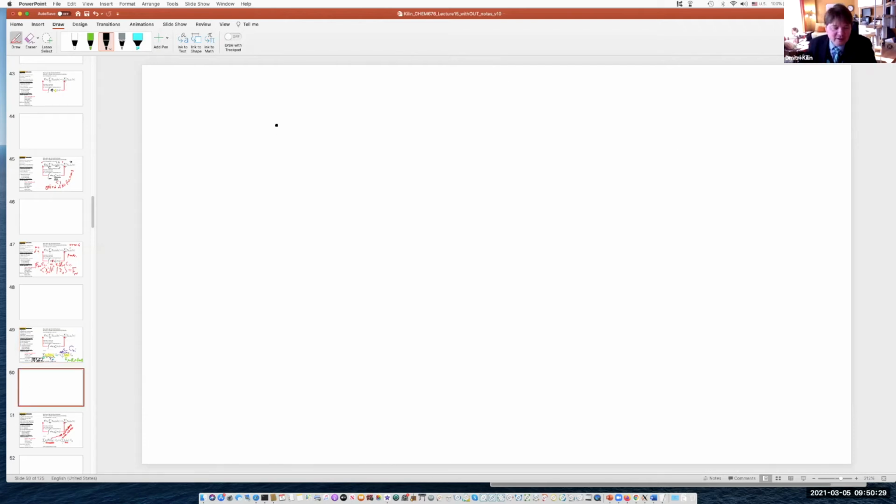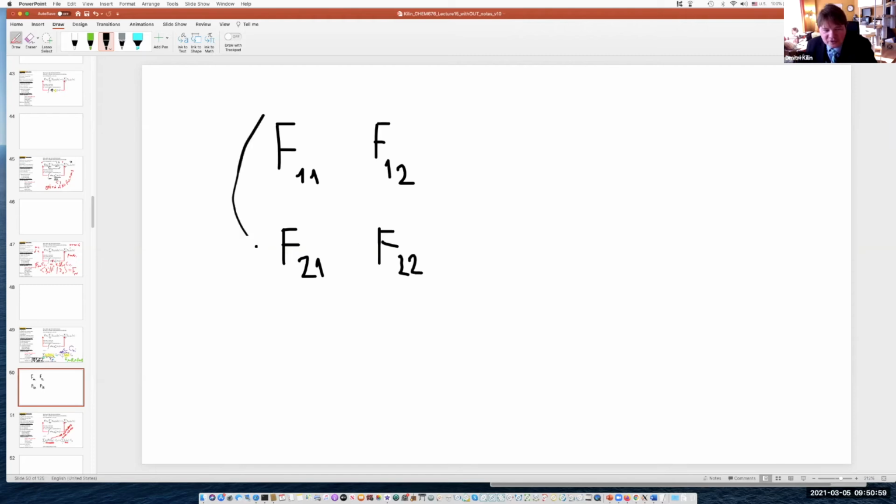I have slides repeating it again and again, but if I try to write it live with support discussion, it will be more interesting. Let's say we have F11, F12, F21, F22. Right? It is an object with two indices. Agree?